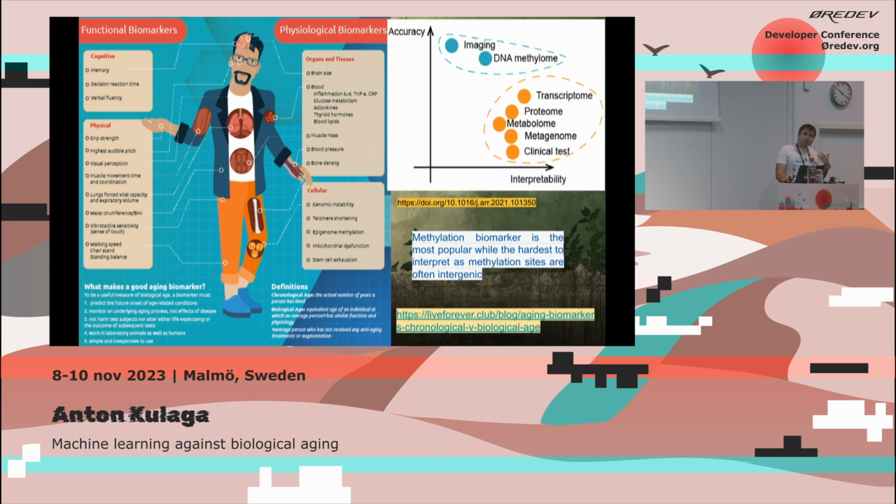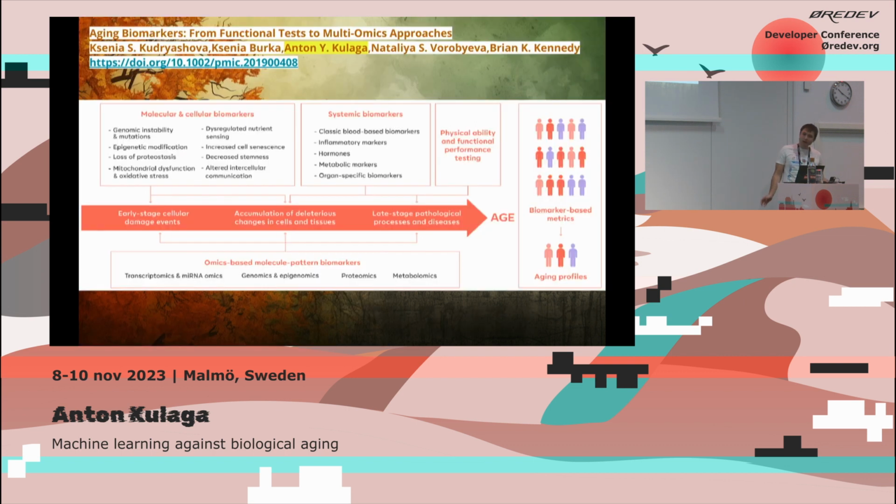And also different biomarkers, it's harder or easier to explain their values to make changes depending on type. I had a paper on it, so with the review you can check it out.